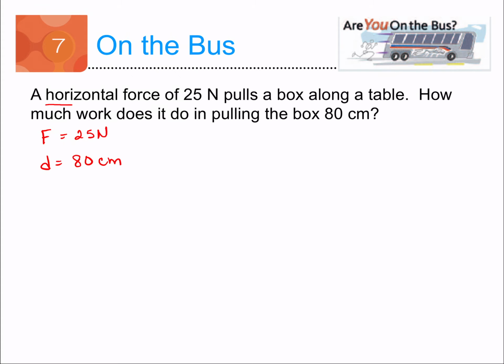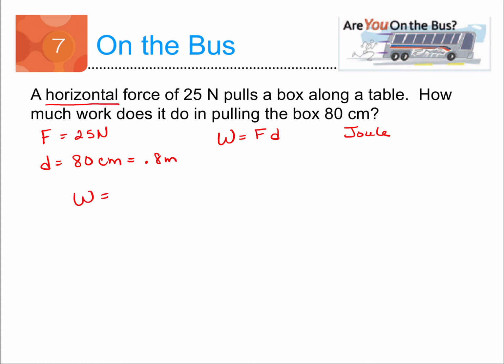Well, it's saying horizontal. It's not telling us it's lifting something or up or down. So then we're going to use the formula work is force times distance. But remember, our units have to be a joule. So the only way we're going to get a joule is to convert the 80 centimeters. So 80 centimeters equals 0.8 meters.